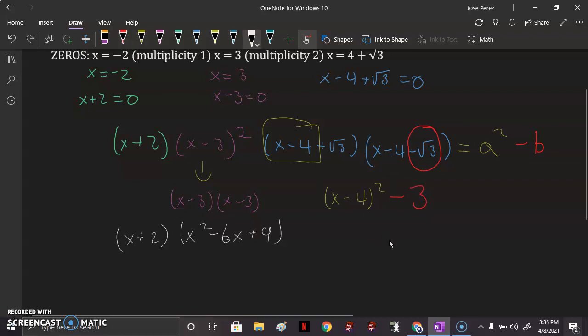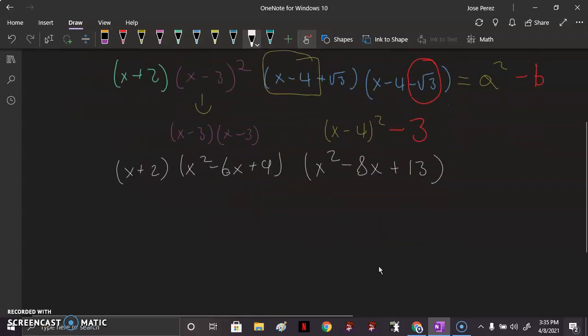And once we do this, if you do all the math, we get x squared minus 8x plus 13. And then all we have to do is multiply all these together. And that will be fun, to be honest. So if you multiply all this together, we're first going to multiply these two.